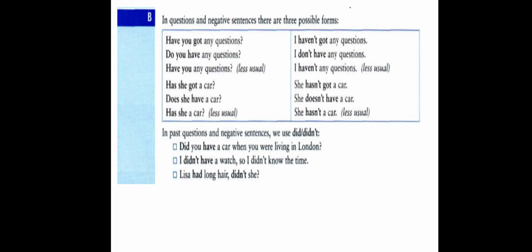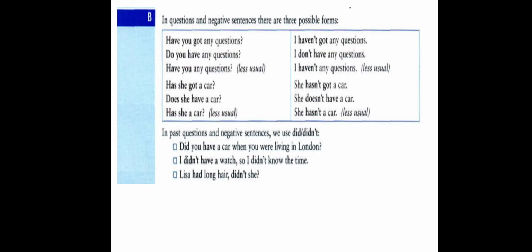So we use did to make the negative, and had goes back to its original form, have. We want to form a negative, so we use not with did. So it becomes: I didn't have a watch, so I didn't know the time.